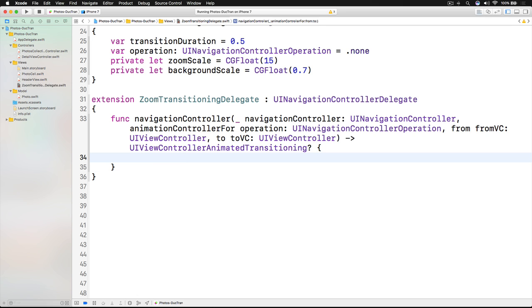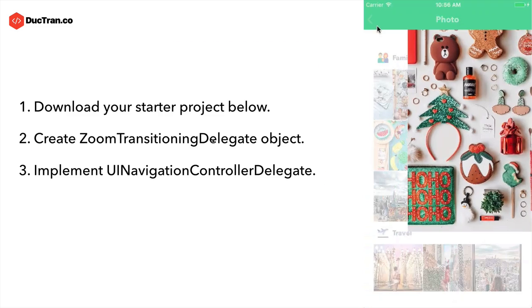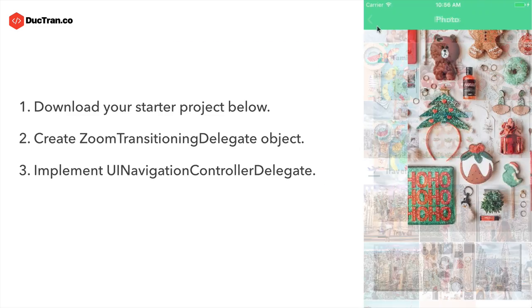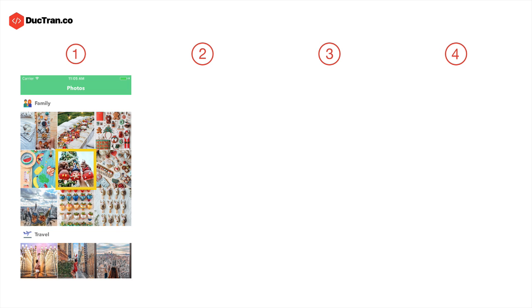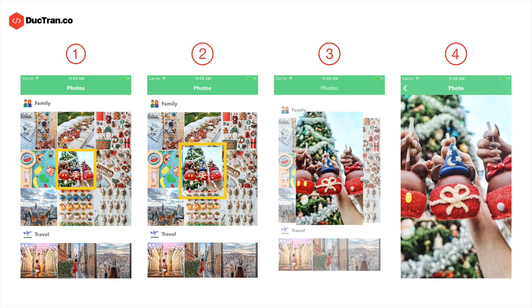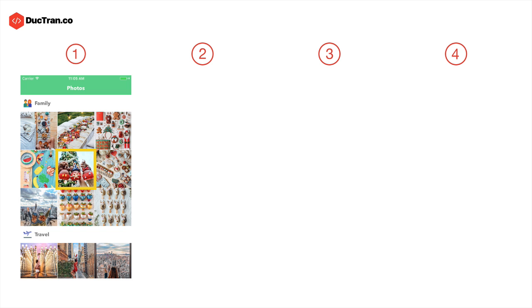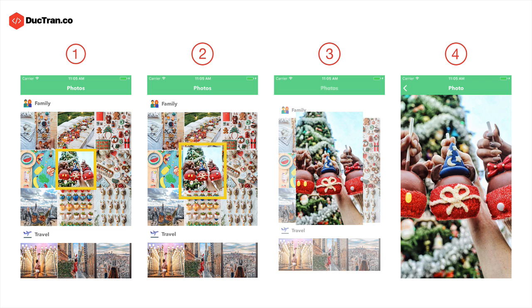Now here, I have to tell you that there are two other things, right? The from view controller is the initial view controller that takes you from the initial state to the final state. So number one, if we are transitioning from the master screen, which is the collection view, to the detail screen, then number one is going to be our from view controller.